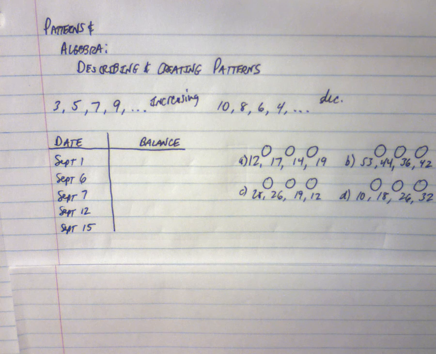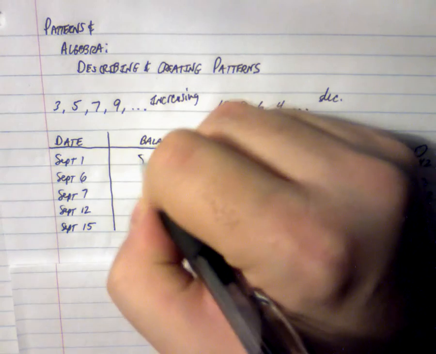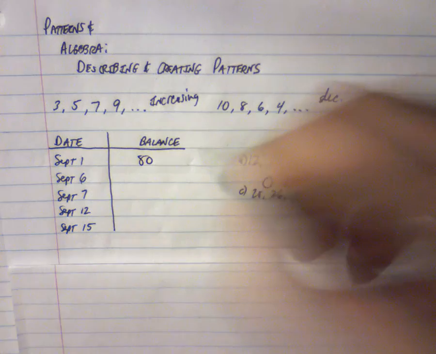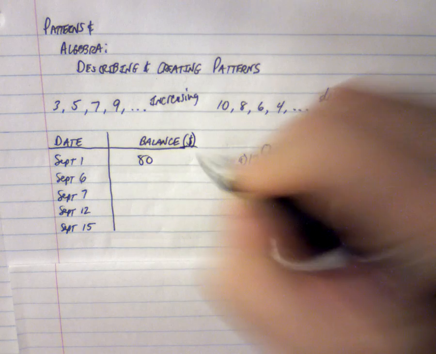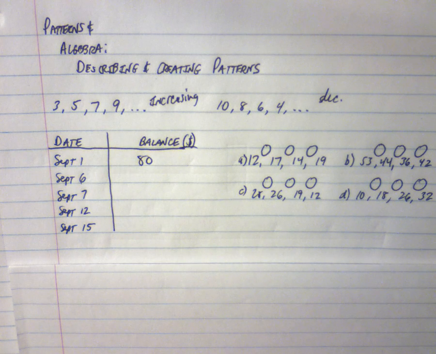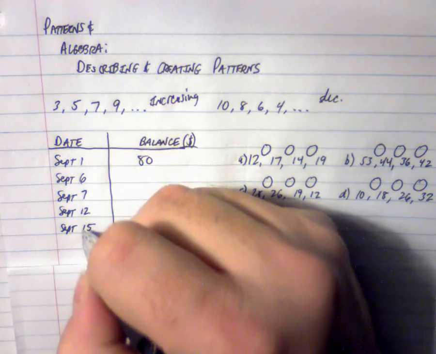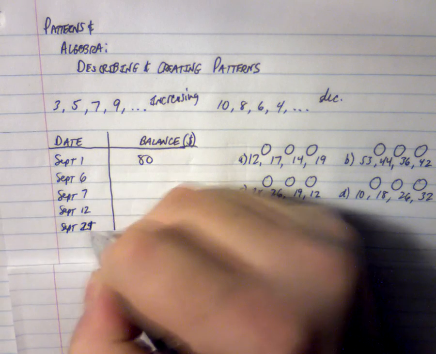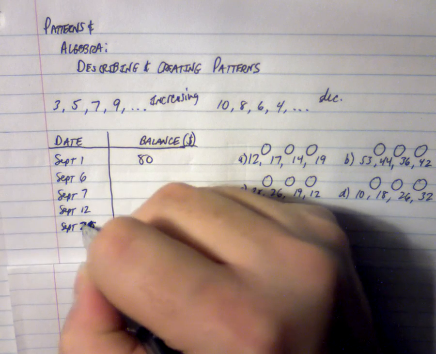Bob saves $80. So Bob has $80, and he receives an allowance every 2 weeks. Now Mr. Wicklam just made a mistake. This should be the 20th.